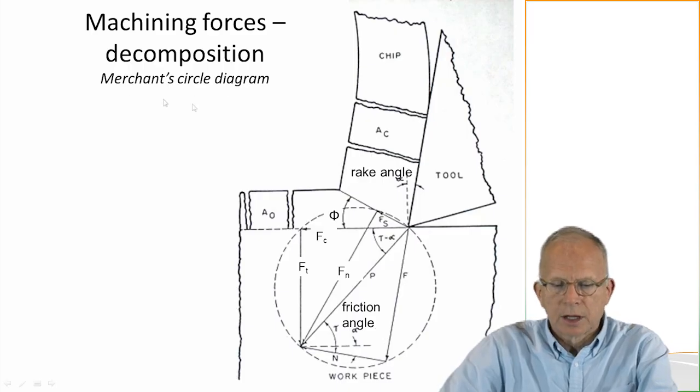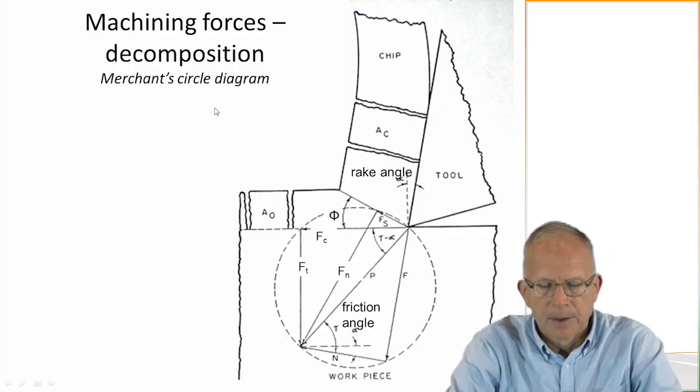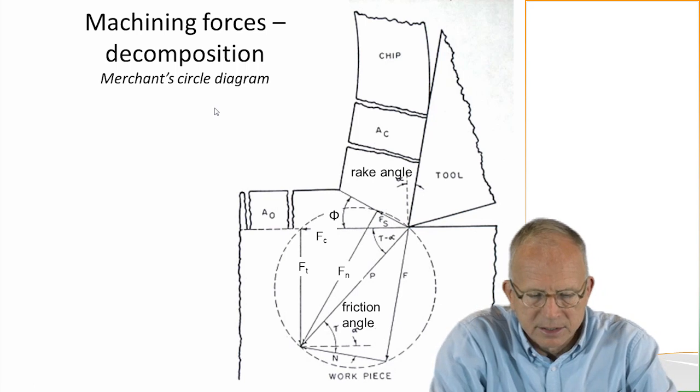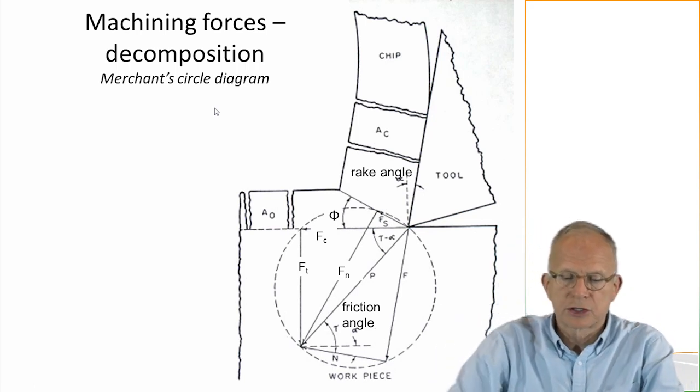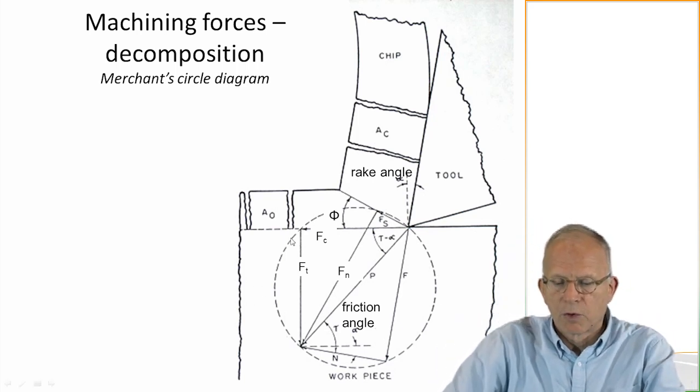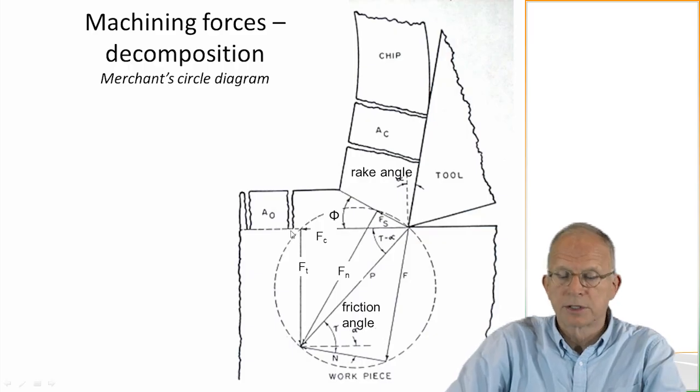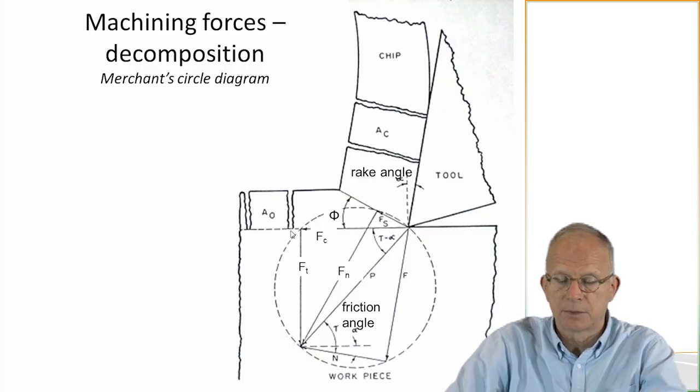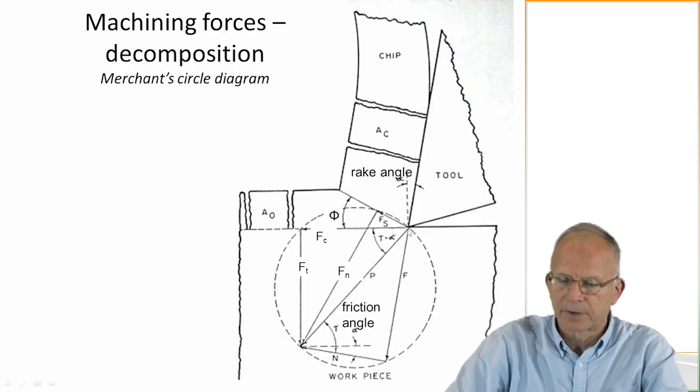So Merchant, who we spoke about previously, developed what's called Merchant's circle diagram for decomposing the forces in machining using different themes. Now, the circle is a handy way of doing this, and these kinds of geometric properties were exploited before computers because it made a nice graphical solution.